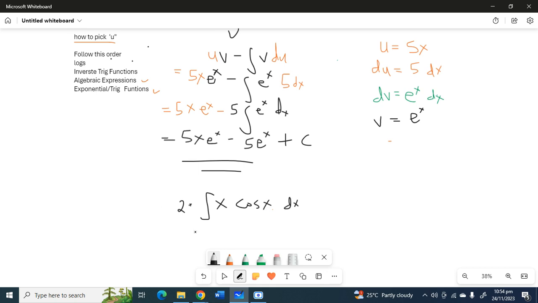As I said, you have to know what type of functions you are dealing with. So here we've got an algebraic function and we have a trigonometric function. If we follow our order here, the algebraic function comes first when picking u. So we say u equals x, and we differentiate u, so we say du. If we derive x, we get 1 dx.